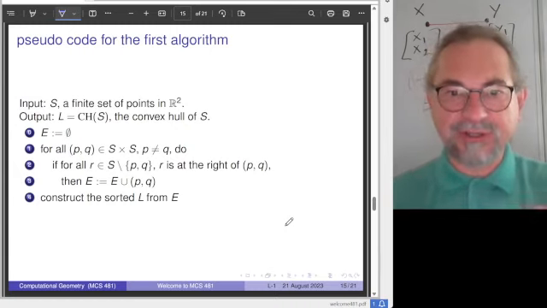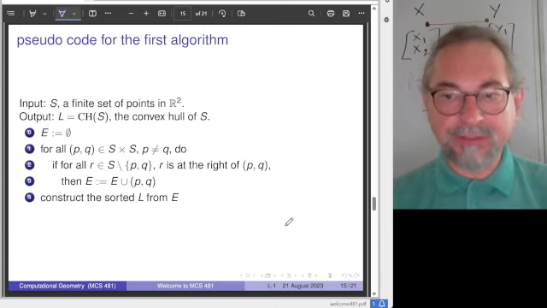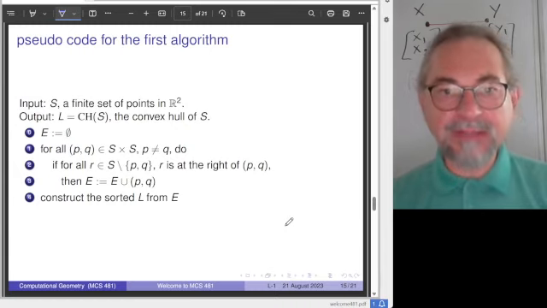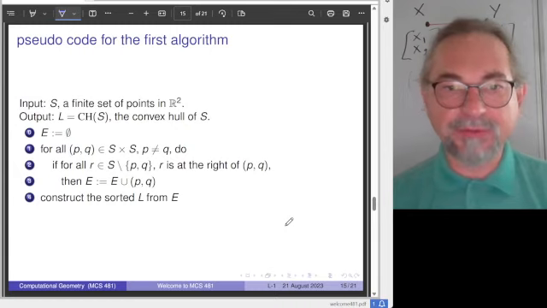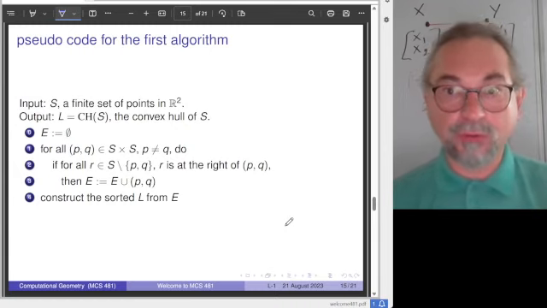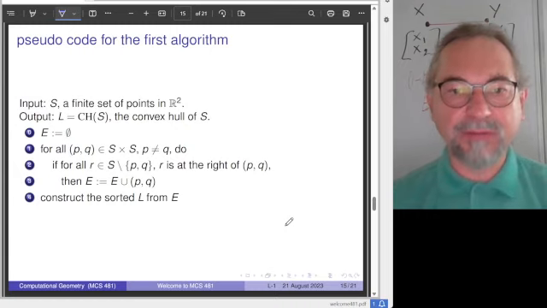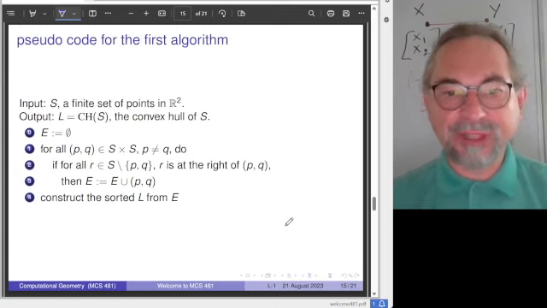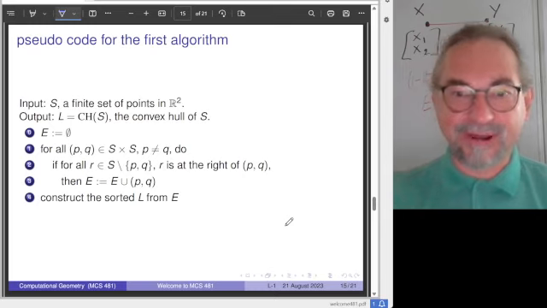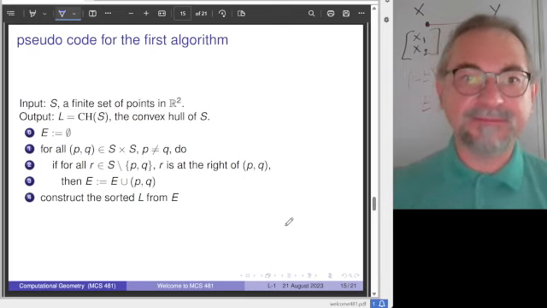The edges are actually interpreted as consecutive points in a list. So we enumerate all possible pairs, and then for every possible pair, we go through all the points in the set, excluding those two points that we picked in the pair, and we check whether it is at the right side.